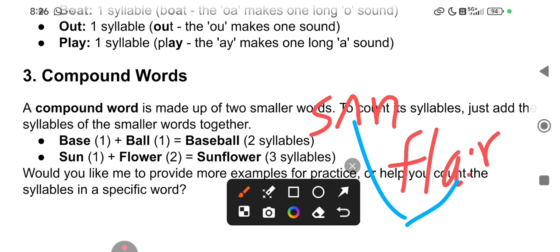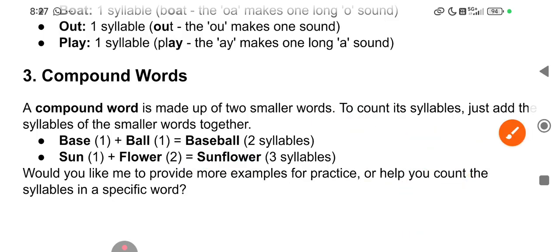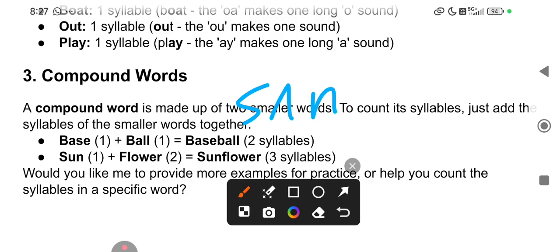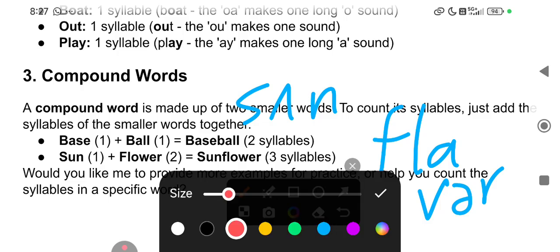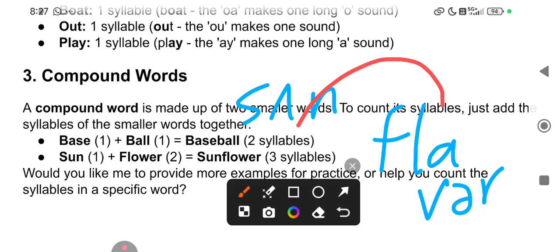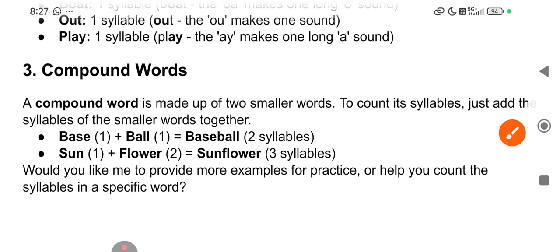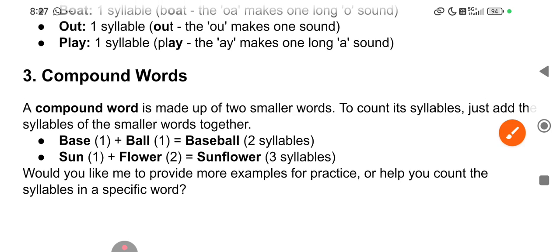One and two, so two syllables. Sorry, I'm very sorry, this is a three syllabic word. Sunflower, sunflower. Generally we speak it as sunflower, but it's okay. So how many syllables? Sunflower. Okay, so this is something about syllable counting.